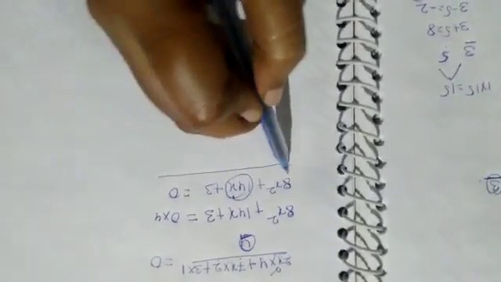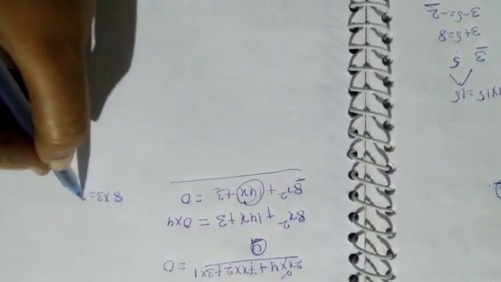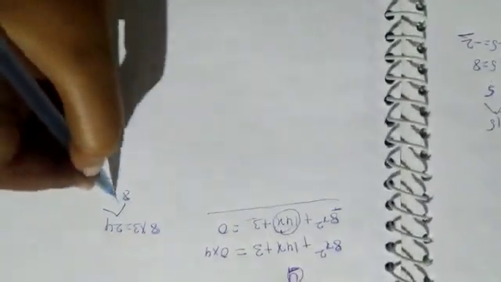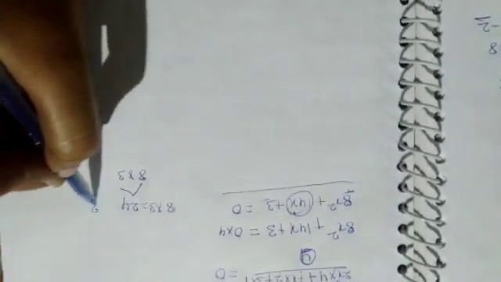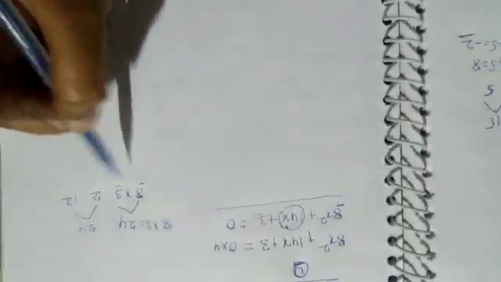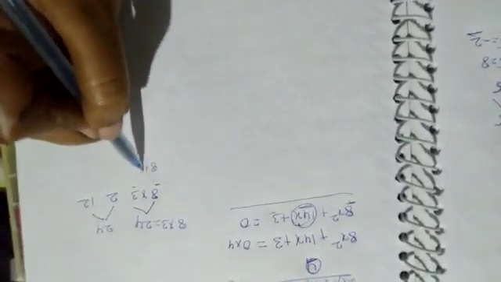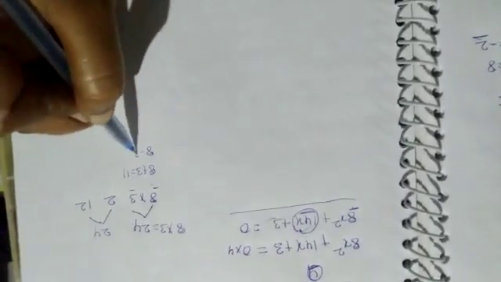So splitting the middle term by using A and C: 8 into 3 equal to 24. 24 can be factorized into 8 into 3 or 2 into 12. So either we do addition or subtraction to get the middle term. 8 plus 3 equal to 11, 8 minus 3 is 5.